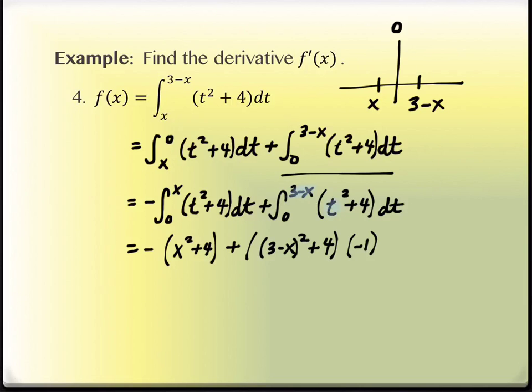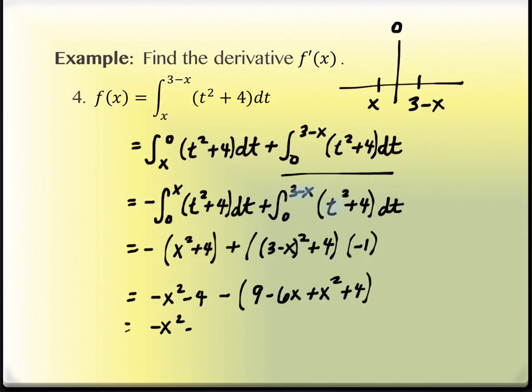We're going to clean that up, of course, right? Of course. All right, so let's see what we have. I have negative x squared minus 4 plus, oh, I'm sorry, it's technically minus. We'll put the minus here. And then I have 9 minus 6x plus x squared plus 4.